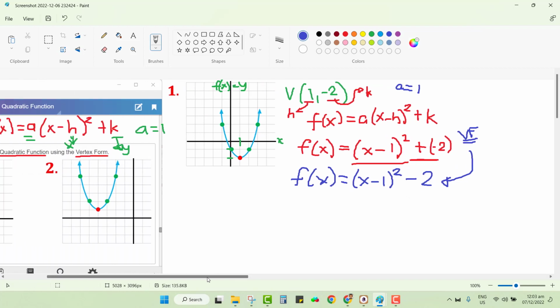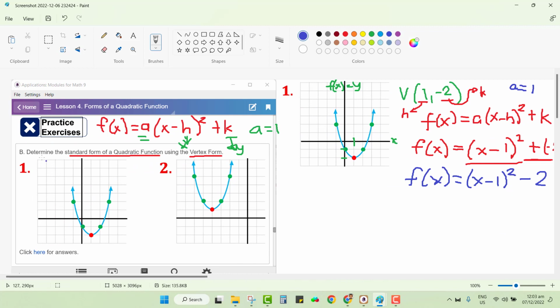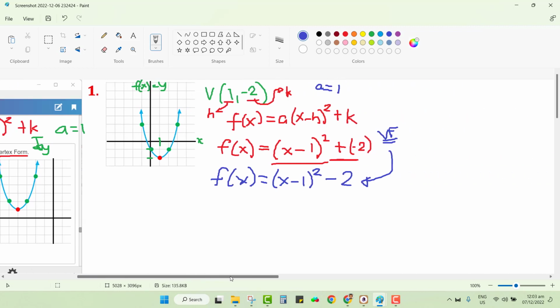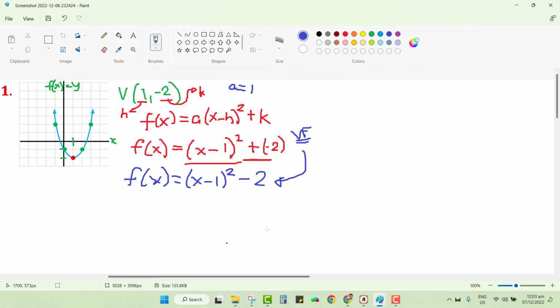But our concern here is to determine the standard form using the vertex form. So after this, we need to simplify it further to get the standard form of our quadratic function. What you need to do is simply finalize the process here by squaring this binomial.